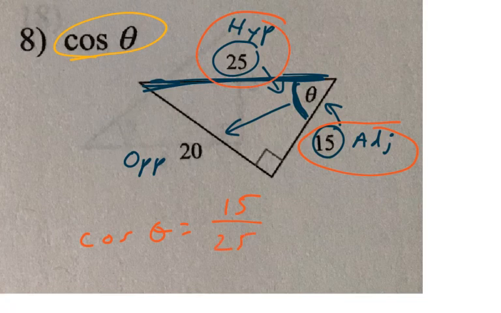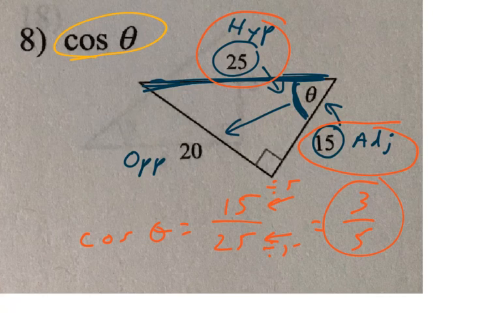Now, the only thing wrong with our answer, make sure it's simplified. I'm going to reduce by dividing by 5. Okay? And I get 3 over 5. So the cosine of theta is 3/5, and that's all you have to do on that part of the worksheet is set up these trig ratios.